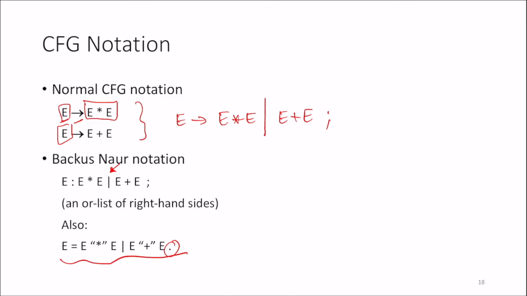It's just a convention, right? As long as we know that this alternation stands for multiple rules with the same left-hand side, and we know what the terminator character is. It's just a special character to tell us, okay, I've finished seeing all of the different E rules, and it can be a period or a semicolon.